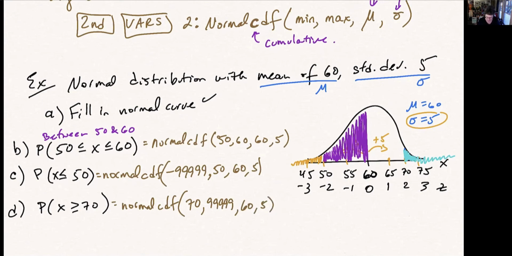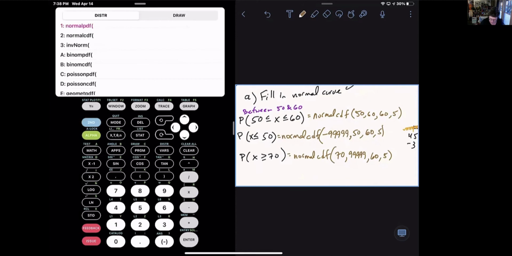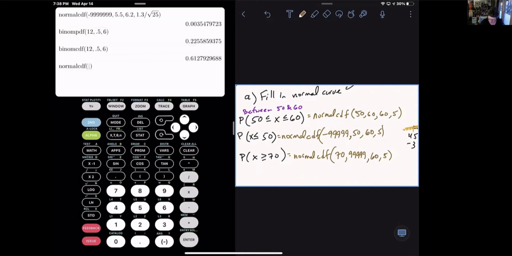Okay, now let's put that into our calculator. Second vars, normal CDF, enter. Let's do the first one. 50, comma, 60, comma, 60, comma, 5.